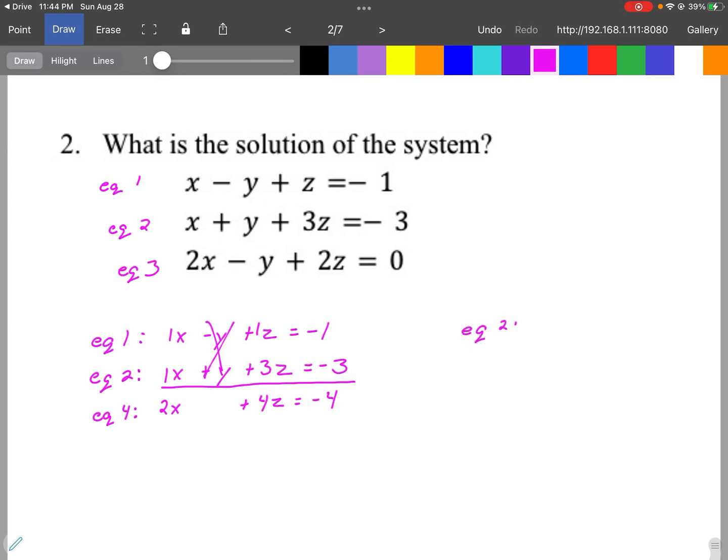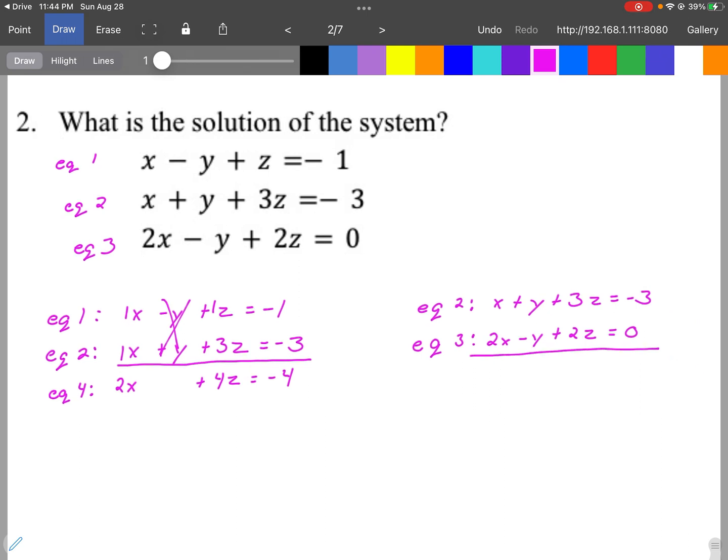So I'm going to take equation 2 just the way it is, which is x plus y plus 3z equals negative 3. I'm also going to take equation 3 just the way it is, 2x minus y plus 2z equals 0.